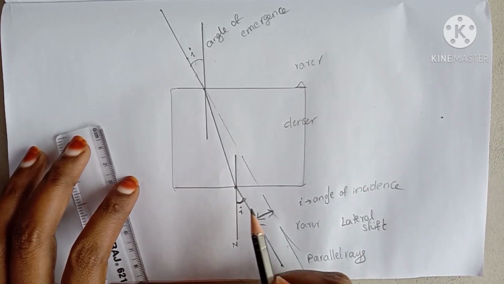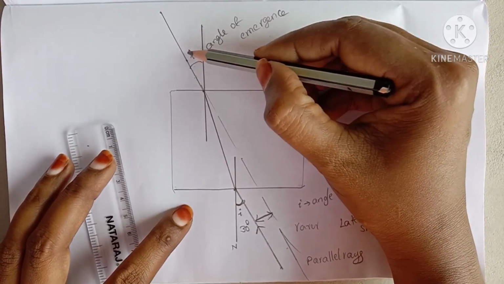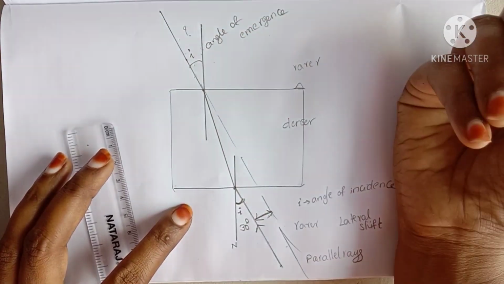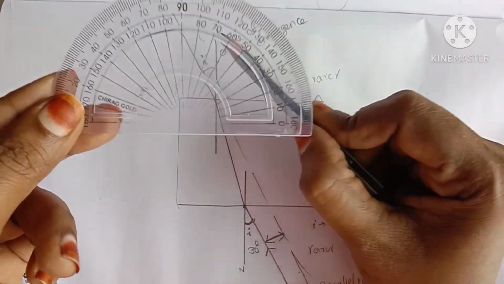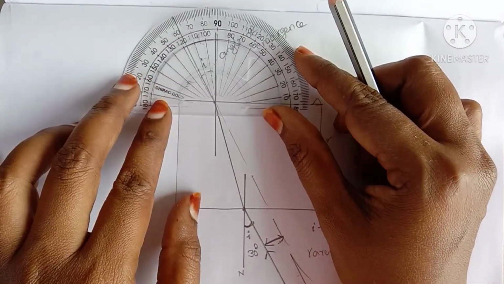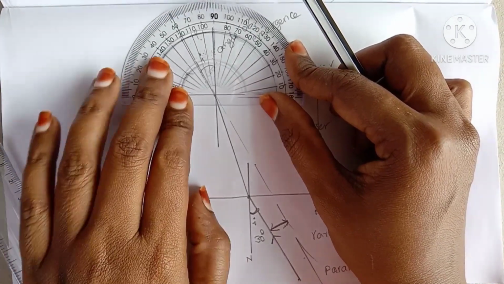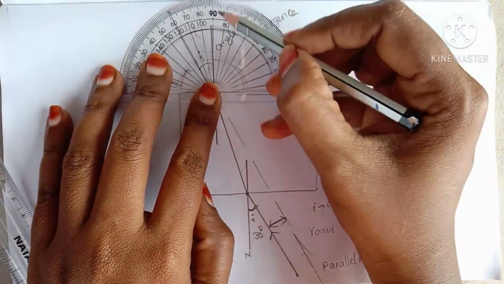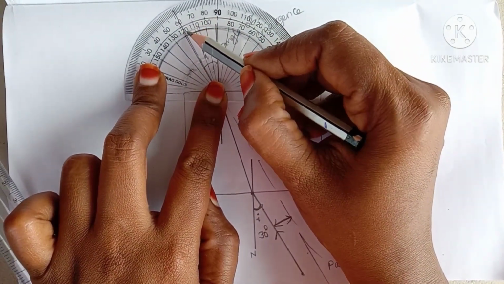And next, coming to the angle of incidence, we actually took 30, and how much the angle of emergence is, we have to find. Now take the protractor and place it on that line. See, the perpendicular line is exactly 90. Now from that 80, 70, 60.